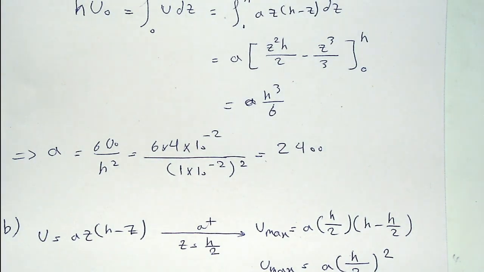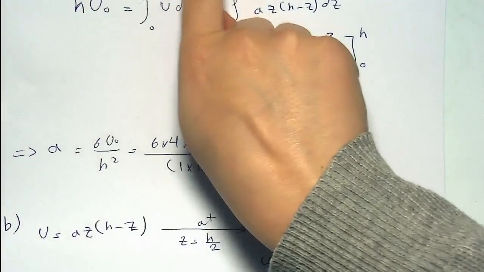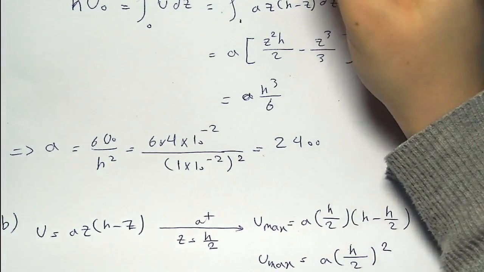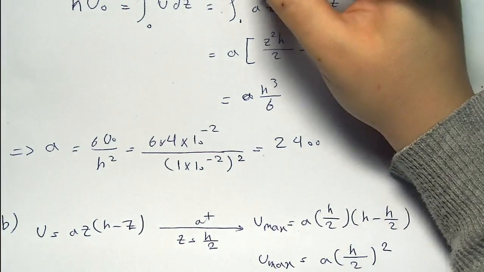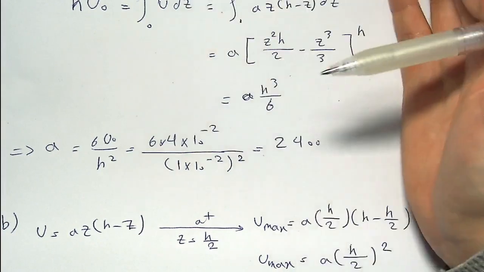Do you know developed region and underdeveloped region in this kind of thing? I think it will be mentioned in the next lecture. I'm not sure, but it will be covered. After some point in the tube, the flow velocity remains like this the whole time.